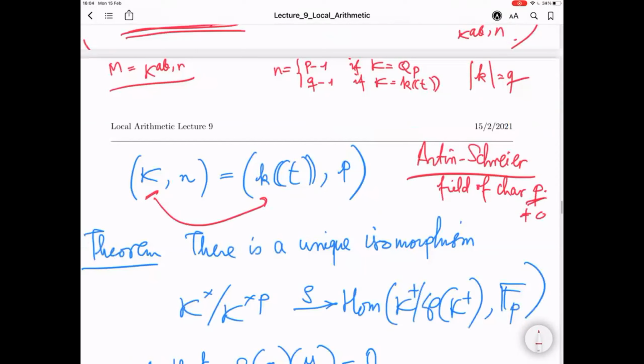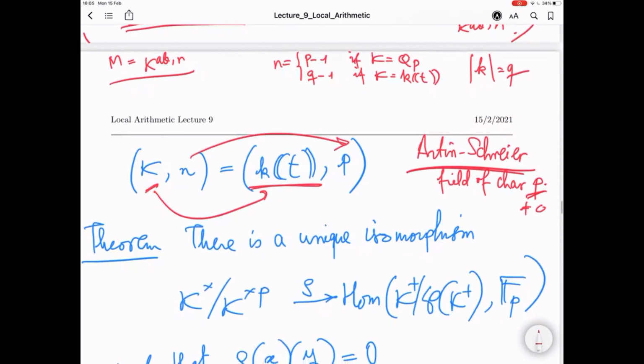It should be of prime characteristic. And the characteristic of QP is not P, it's 0. The residue field FP has characteristic P, not QP itself. So if I take K to be this little k power series T and take N to be the prime number P, then I'm in the Artin-Schreier situation.